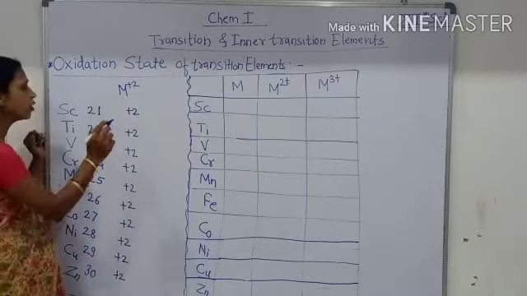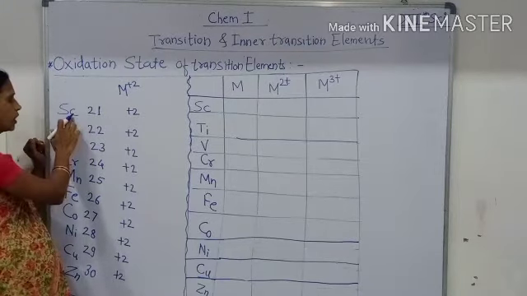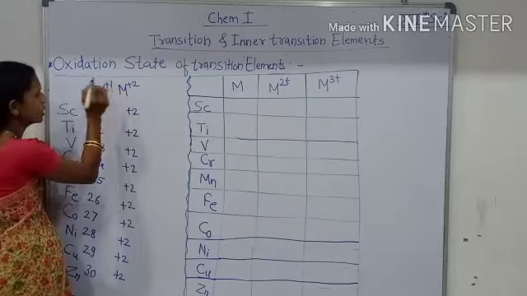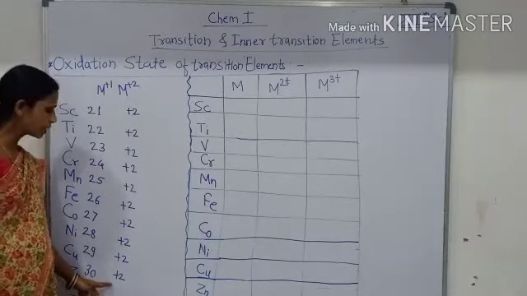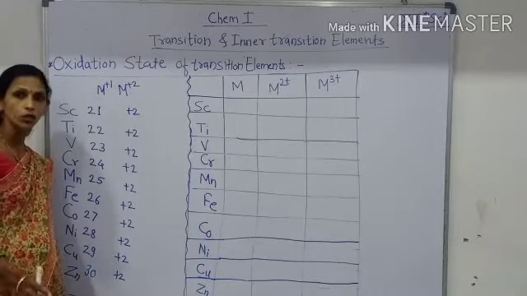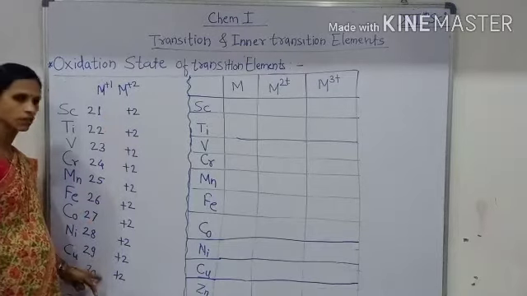And if it loses 1 electron from 4s, then it shows M+ oxidation state. But the common oxidation state of these series elements is +2. Therefore, it loses 2 electrons from 4s and shows +2 oxidation state.